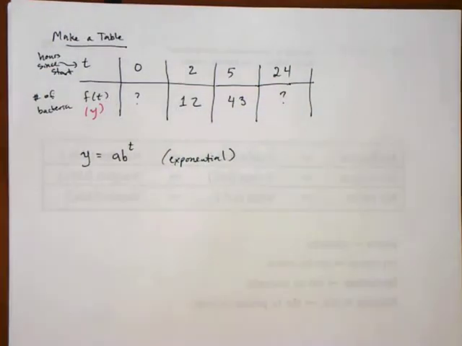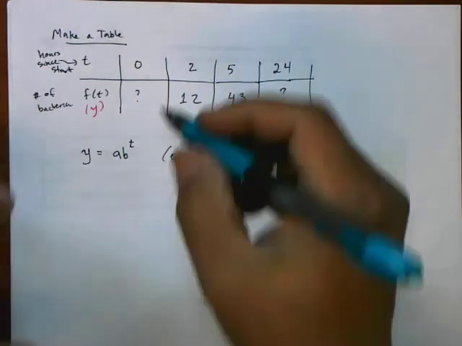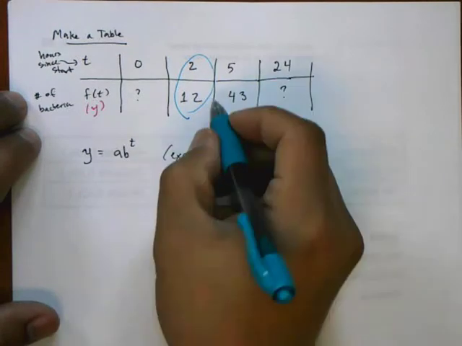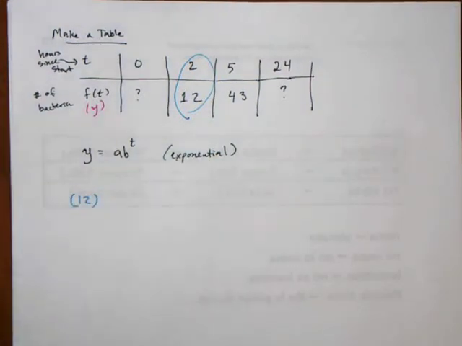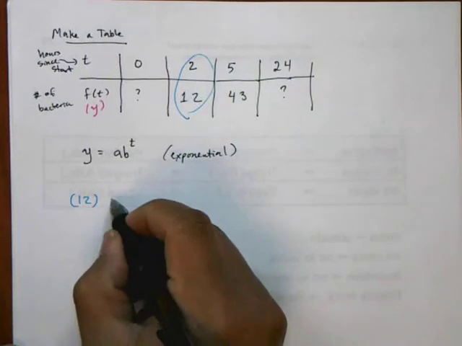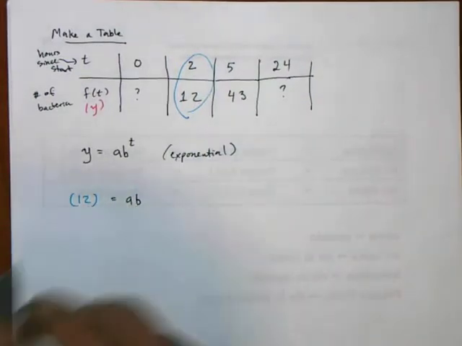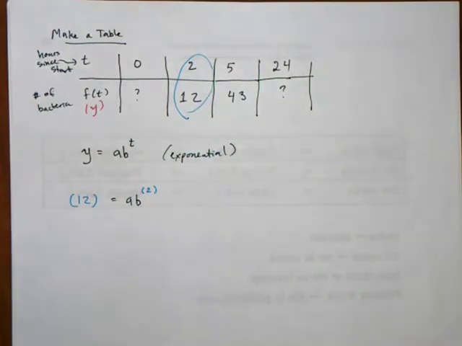And we're going to use one of the points here to solve for a. So we'll use this point. I know that when y equals 12, t equals 2. That's how we start this.